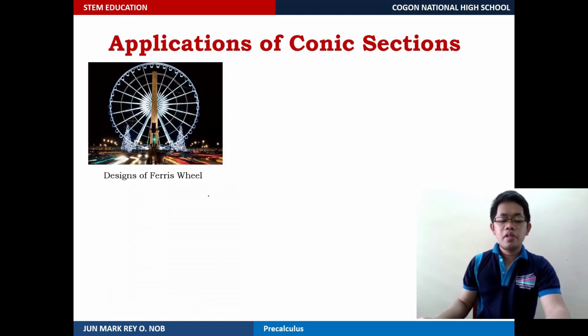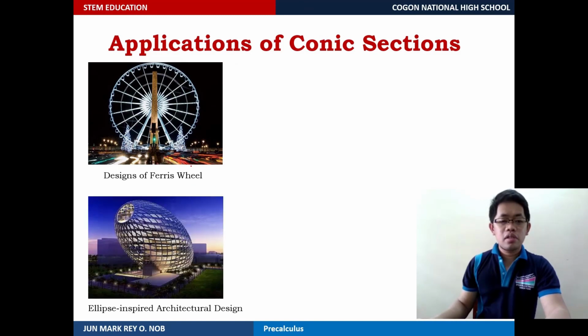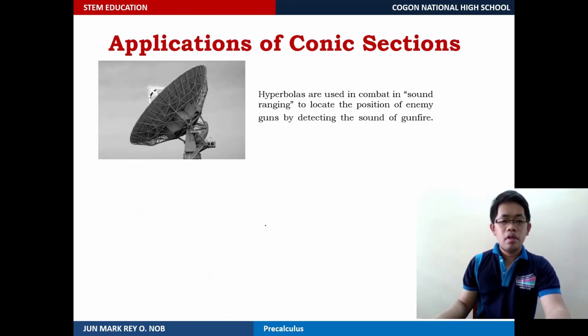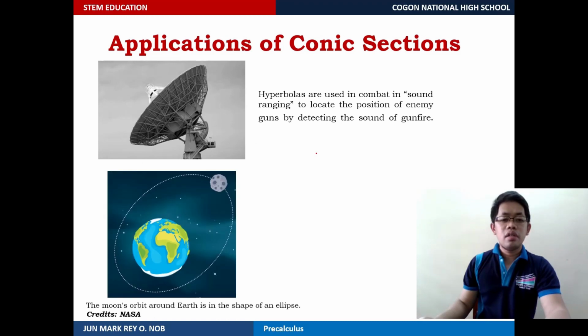The designs of Ferris wheels are actually based on circles. We also have here an ellipse-inspired architectural design. Did you know that hyperbolas are used in combat, in sound ranging, to locate the position of the enemy by detecting the sound of gunfire? Did you know that the moon's orbit around Earth is in the shape of an ellipse according to NASA?